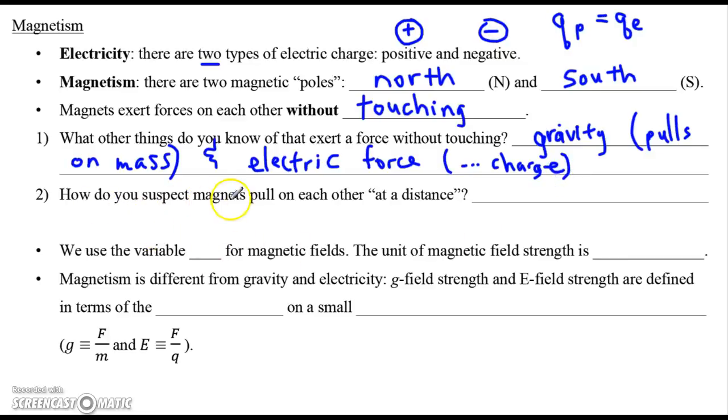So how do you think magnets pull on each other at a distance without touching? What do you think? Well, how does gravity pull on things without touching? How do electric forces pull without touching? The answer is through a field. We call it the magnetic field.